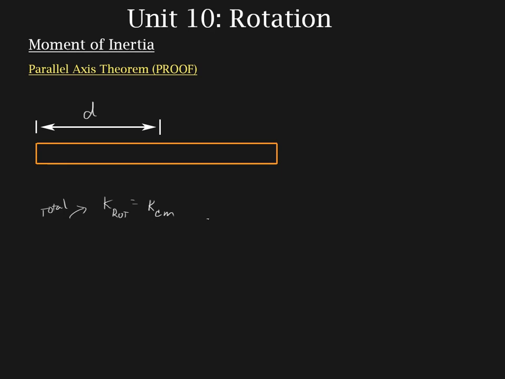Then the object will have translational kinetic energy. So it's going to be the kinetic energy of the center of mass plus the kinetic energy of rotation. So this is going to be our foundation for the proof.